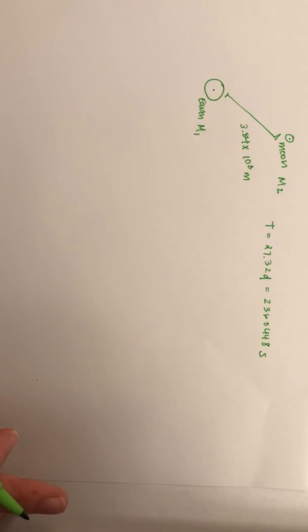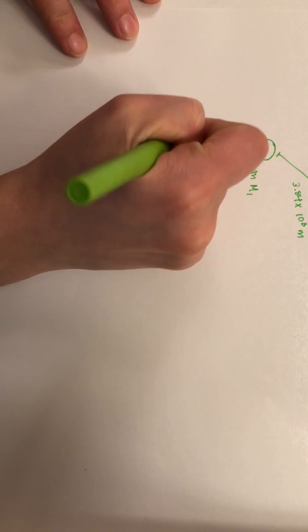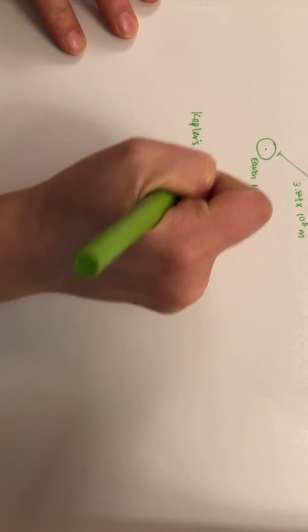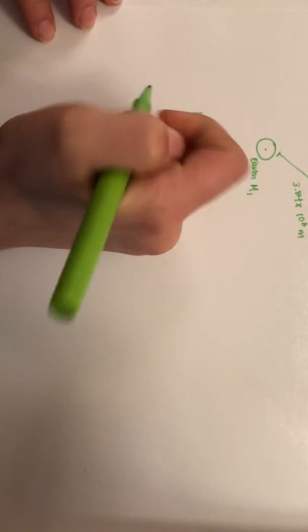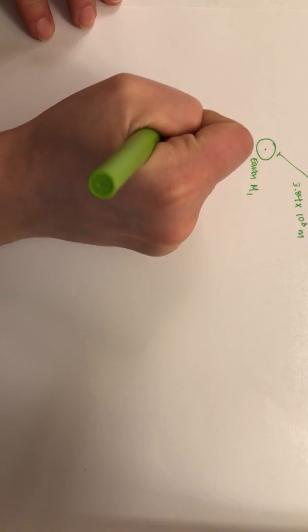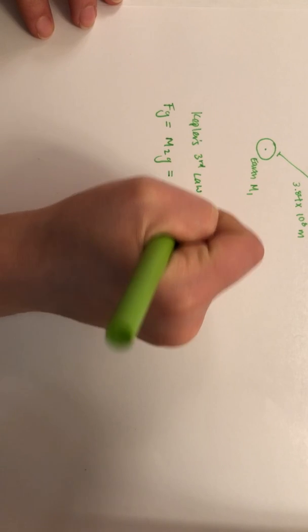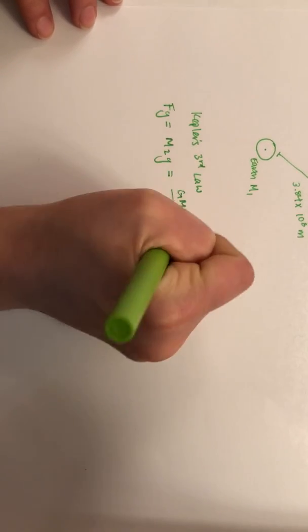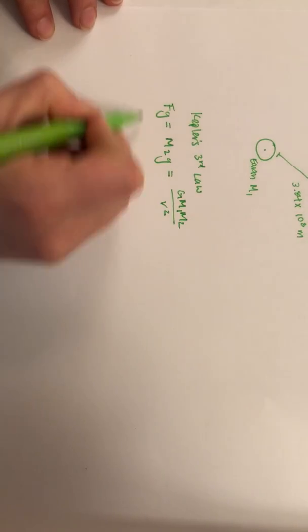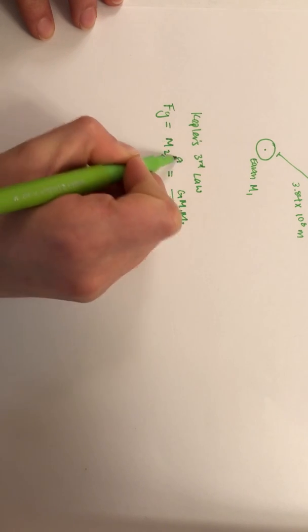So equation 13.8 is derived from Kepler's third law. And we can derive it by doing this. Here, this is acceleration.